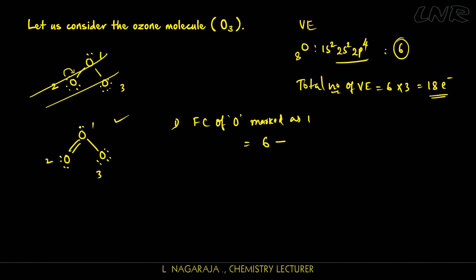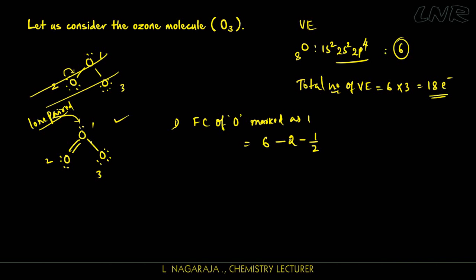This unshared pair of electrons is called a lone pair, and one pair is nothing but 2 electrons. So 6 minus 2 minus half of the bond pair or shared electrons.